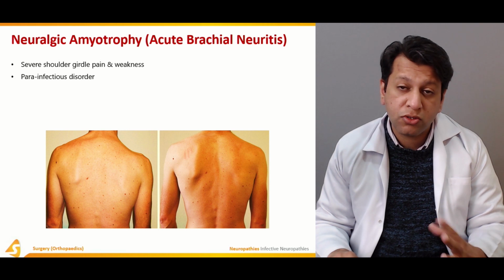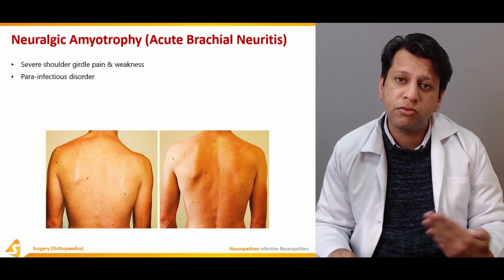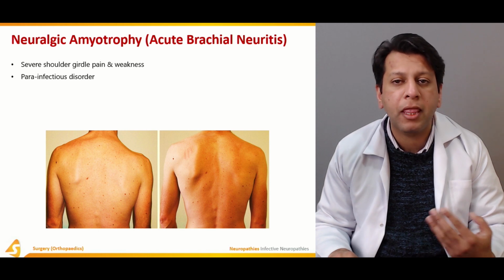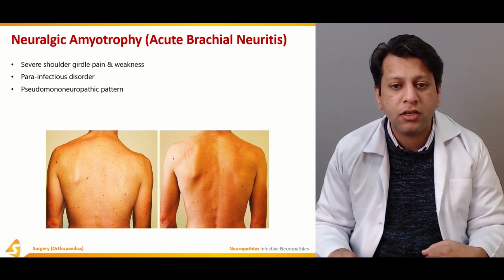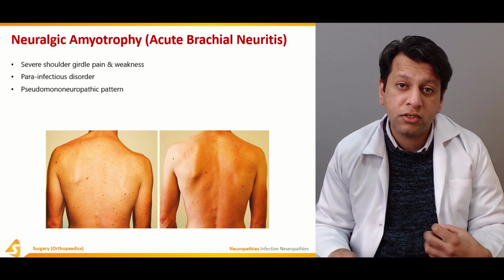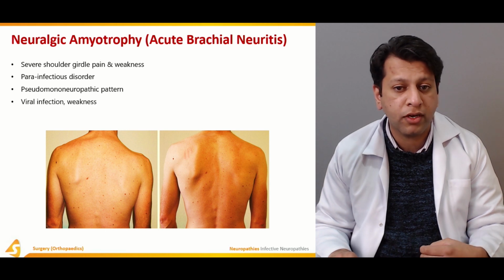It is a parainfectious disorder, because there's initially some kind of viral infection. Once that settles down, a complication of this viral infection develops in the form of brachial neuritis. This is classically a pseudo-mononeuropathic pattern, that is, usually a single group of muscles or a single branch is mostly affected.